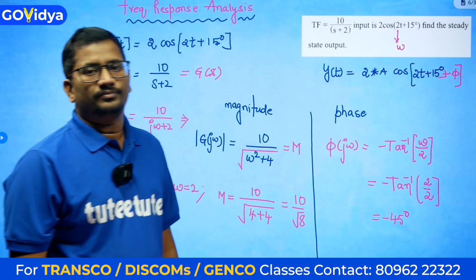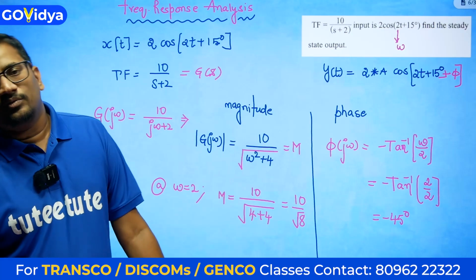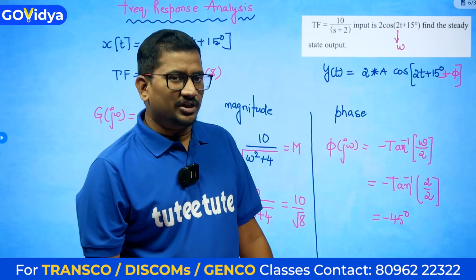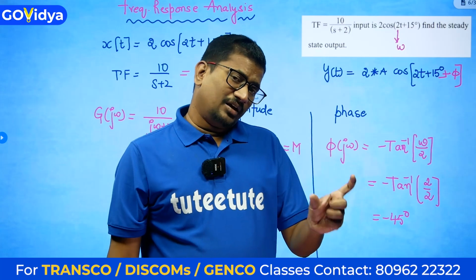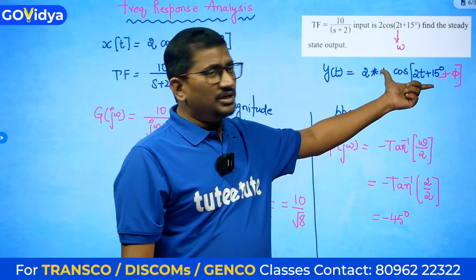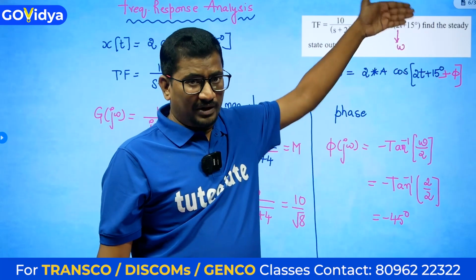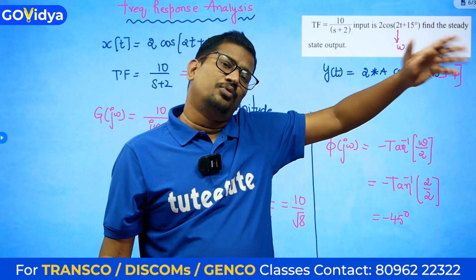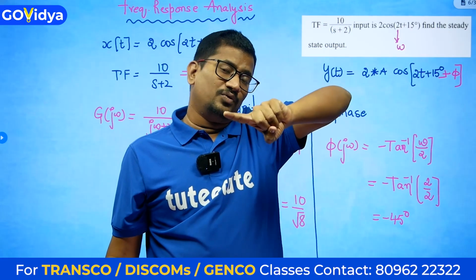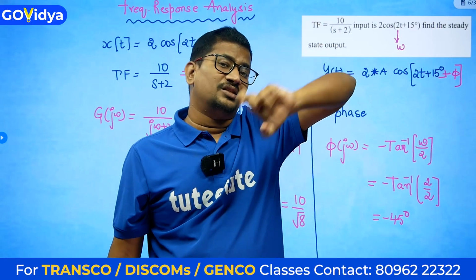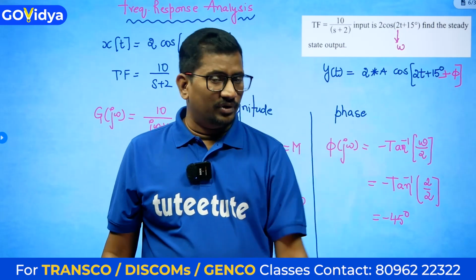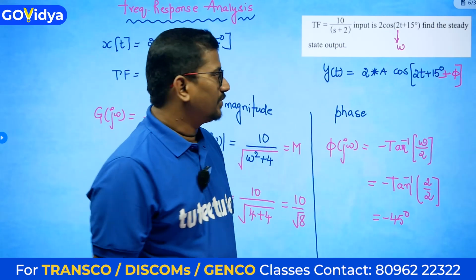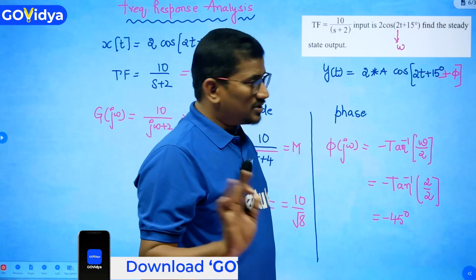This is the change we are going to observe, because frequency response analysis means when I give a sinusoidal input, I will get a change in magnitude and a phase. There is no change in the output shape. The only change is in the magnitude, which is scaling, and the phase angle, which is the shift. Rest everything is the same, and it will never affect the frequency.